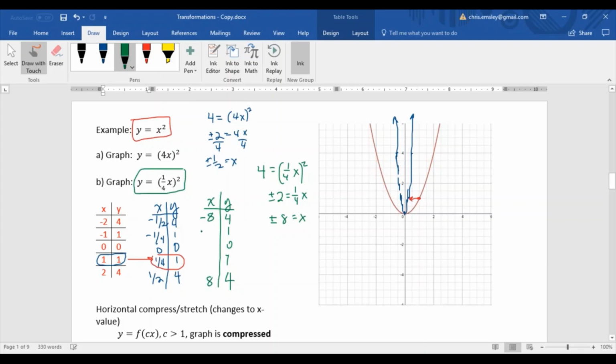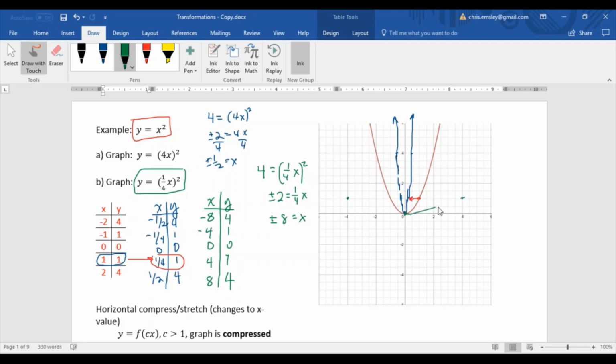And again, I could solve for the rest of these, but I'm just going to fill them in. Negative 4, 0, and positive 4, so let's graph those points. x equals negative 8, that's going to be off my chart, so I'm going to skip that one. Negative 4, 1, 0, 0, 4, 1.